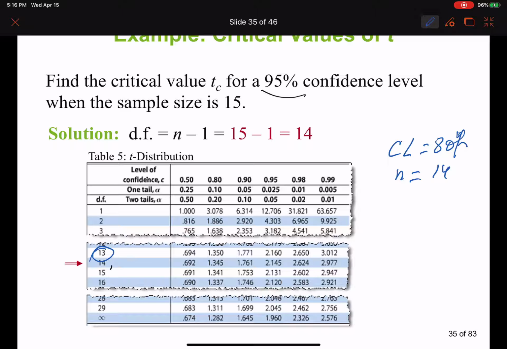Right here. If the confidence level is 80, that means 0.8. So the intersect will be 1.350, which means T critical is equal to 1.350. Okay. All right. Moving to the next example.